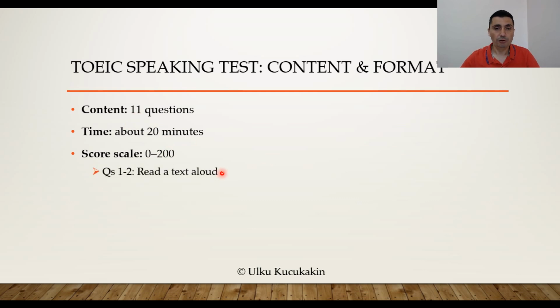Now, first two questions will be reading a text aloud. Basically, you will be given a text and you will be asked to prepare first before reading it. And then you will be asked to read the text aloud to the computer. This will check your pronunciation and intonation. All right.